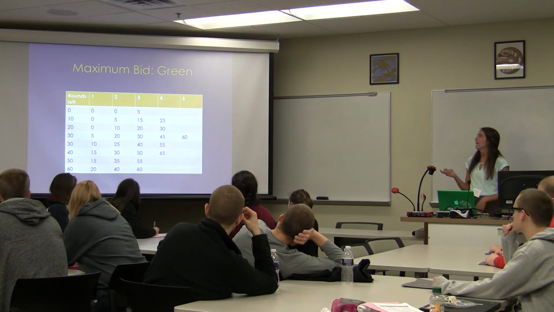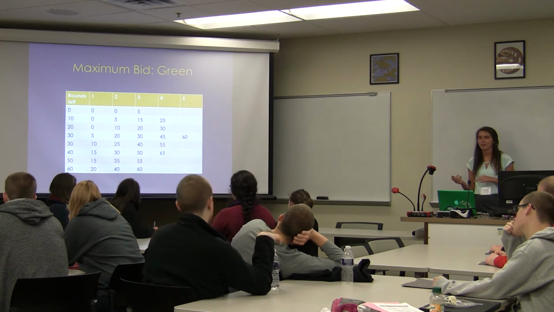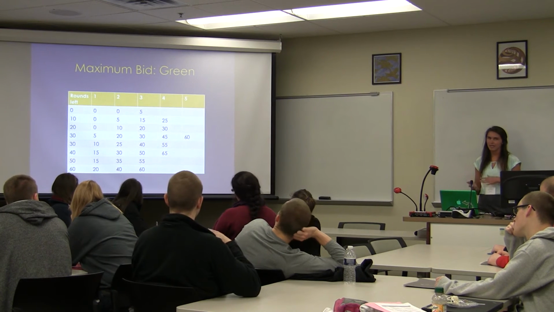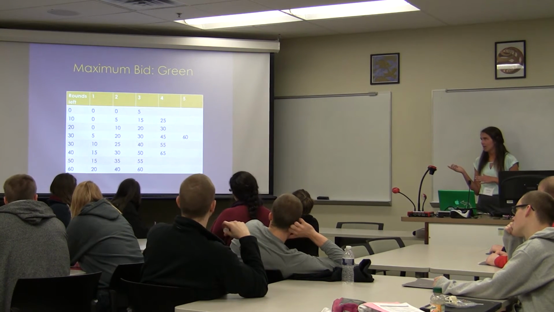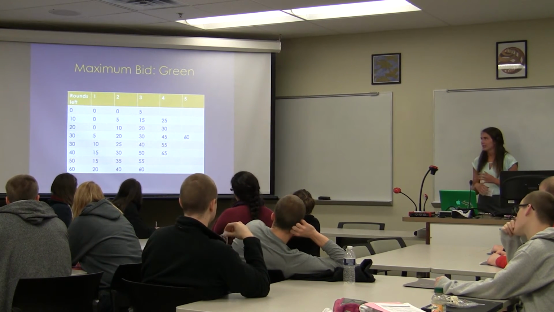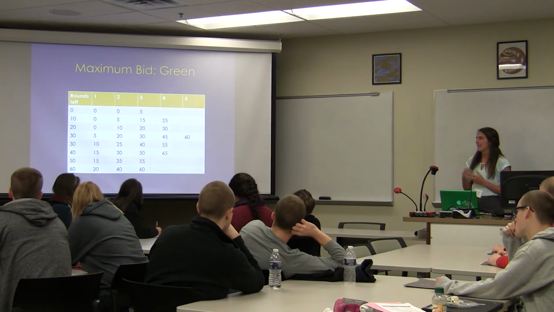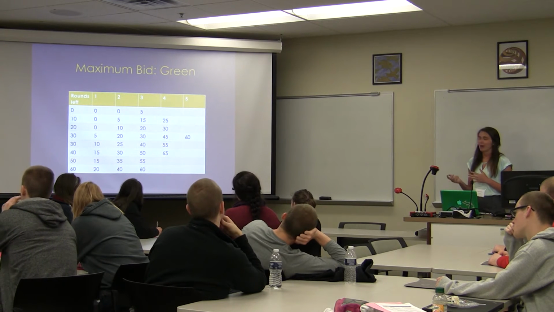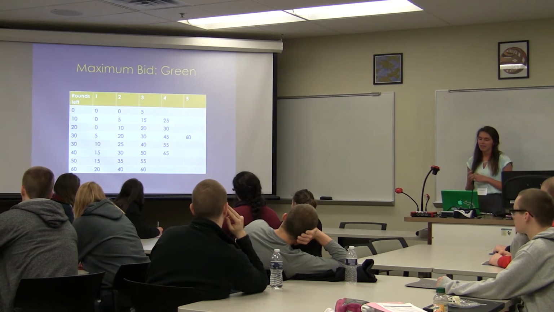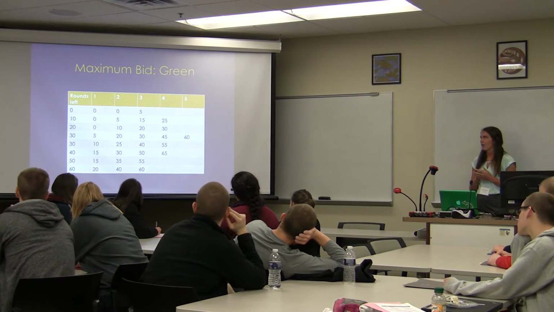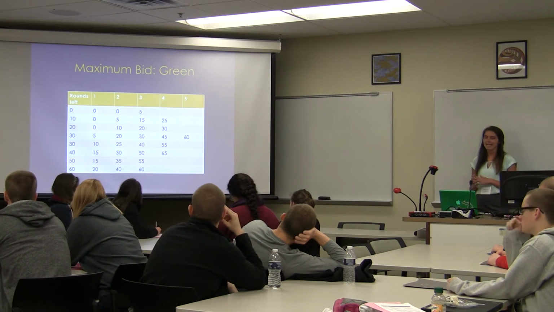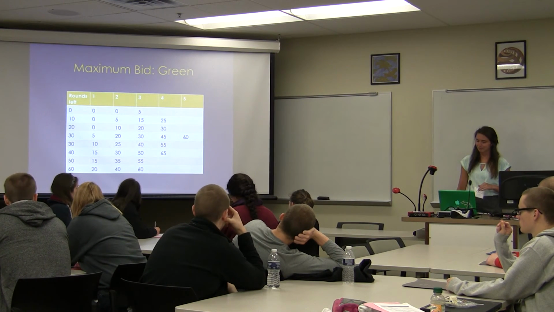And then green is actually worth the most compared to all the other properties at the beginning of the game. They're worth $60 compared to the other properties, which are worth about $30, $35. But by the end of the game, they can also be worth between 0 and 20. So you just have to be careful with where the indicator falls at the specific time of the auction.